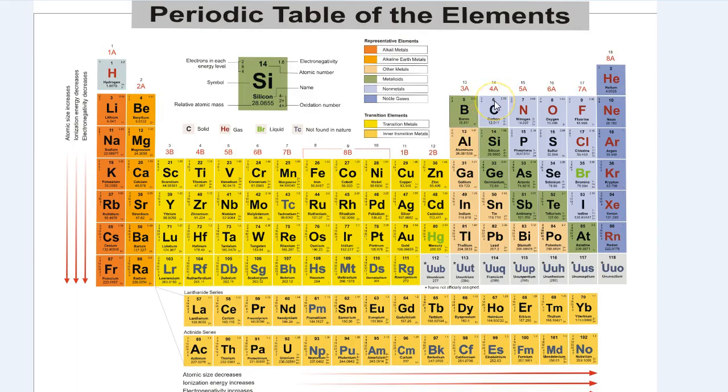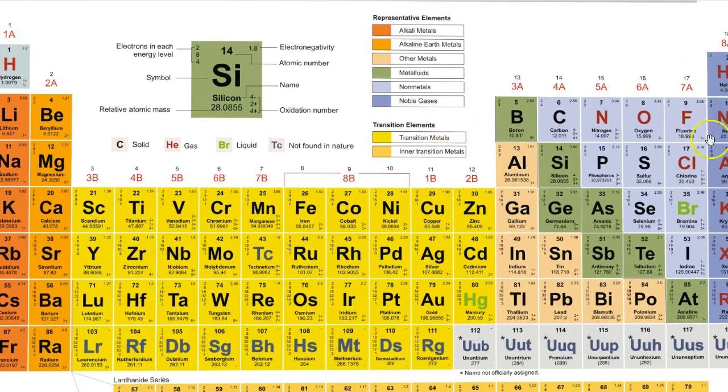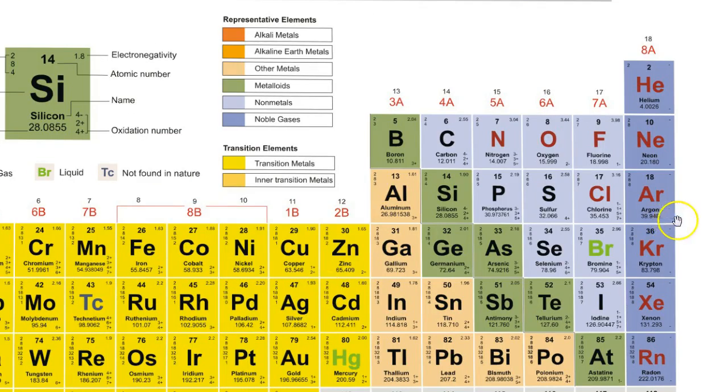C is right here, so it's going to want to be like neon. If you zoom in, neon over here, as you can see, has 2 on the inside and 8 on the outside. So carbon is going to want to have 8 electrons on the outside like neon.